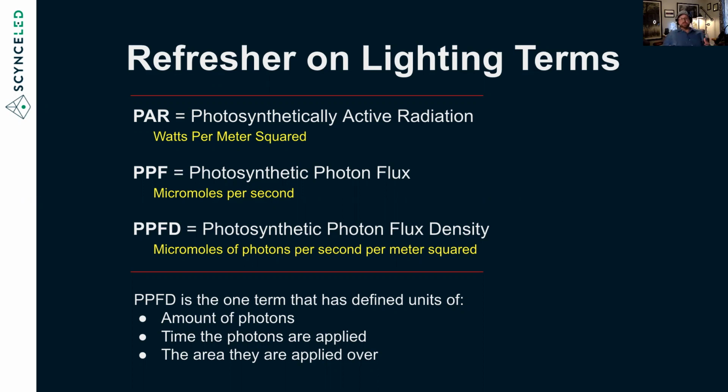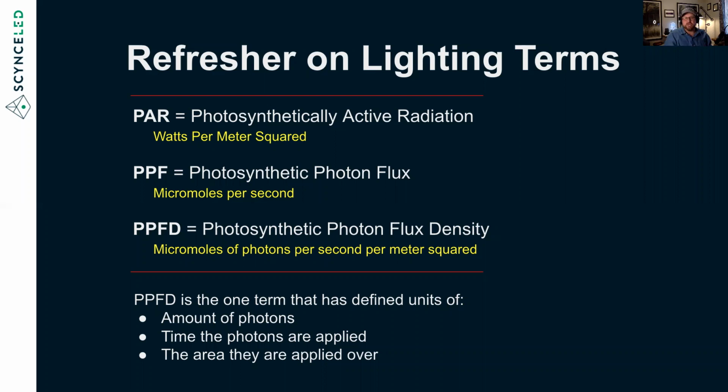So PAR is an older term. It's been kind of changed over the years on what exactly that range is for PAR. Been expanded down into UV and out to the 730 nanometer ranges, even beyond. So we've kind of moved away from PAR just because it's a little too specific, and it's kind of muddy on what it applies to.